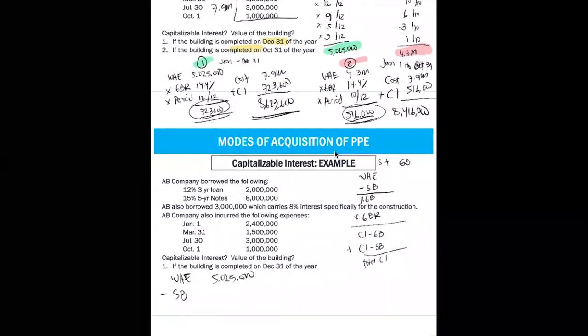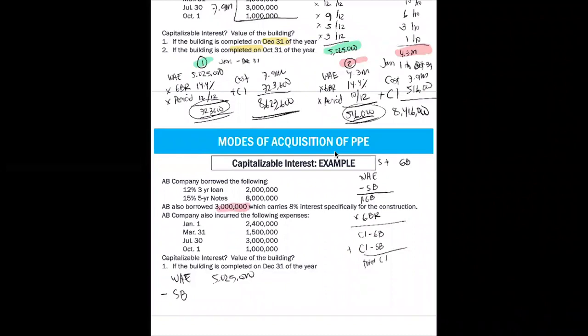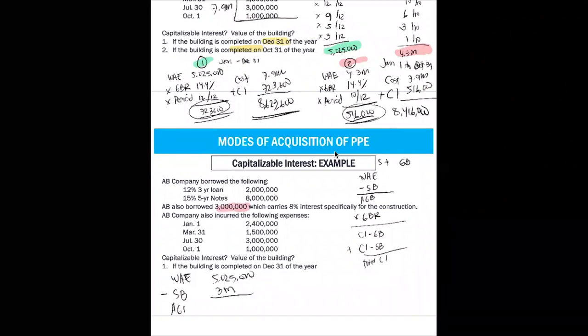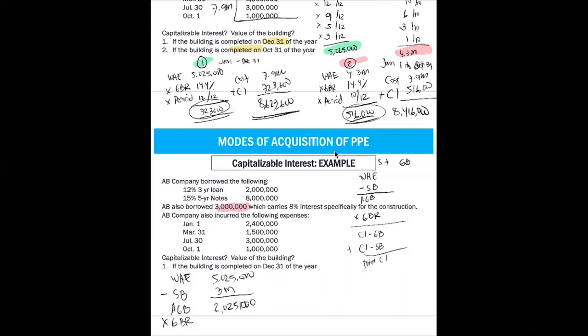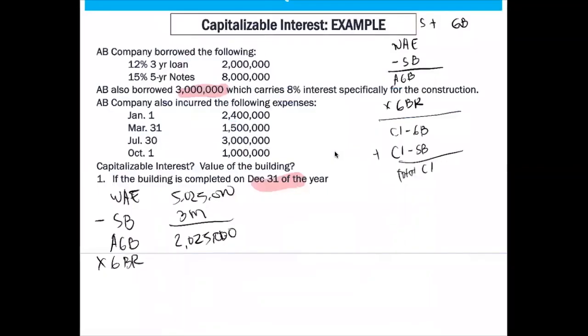The specific borrowing here is 3 million. So this is attributable to general borrowing, 2,025,000 pesos. You multiply to your general borrowing rate. Since this is December 31, guys, wala tayong problema. 14.4% period niya pa rin is 12 over 12.